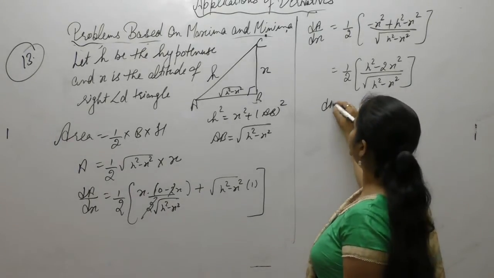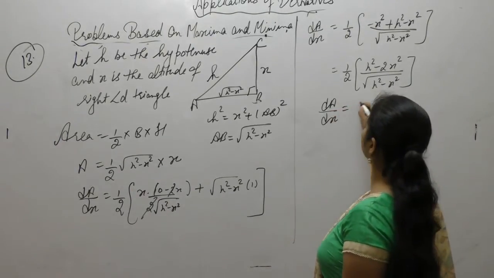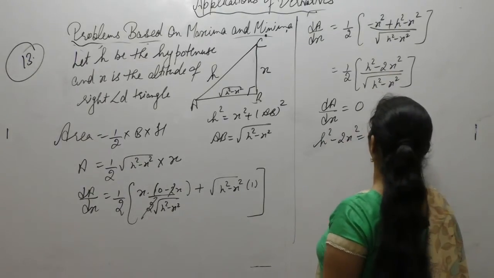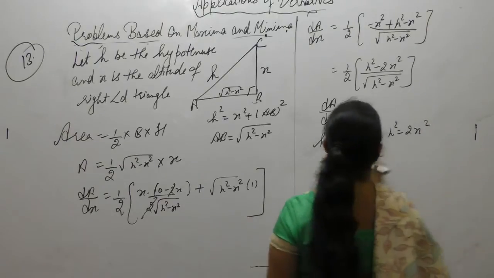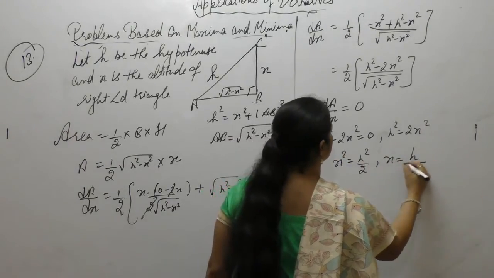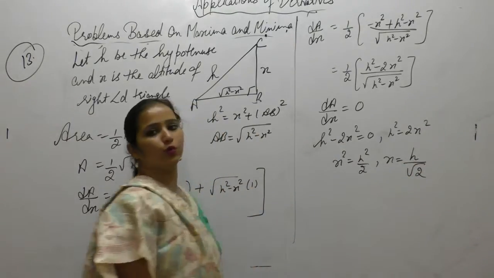Now in the next step, put first derivative equal to 0. So what we get? We get x equals h upon root 2.